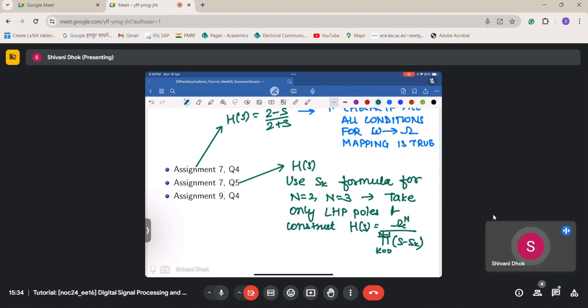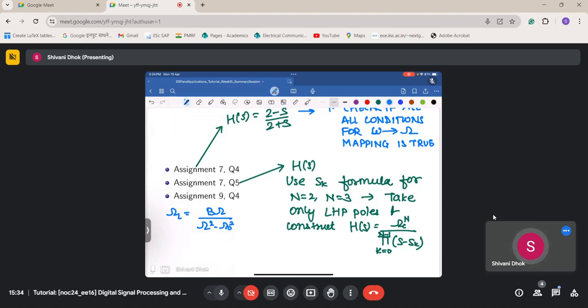Assignment 9, question 4. I don't know if you people got confused. This was a question in which you were given the analog domain frequency transform. I think you got confused when they used small omega as notation. It is a simple analog domain frequency transform for bandstop filter. So whatever transform you have for bandstop filter, which is omega L as b times omega upon omega square minus omega naught square, I might have messed up the signs, something like this you have.